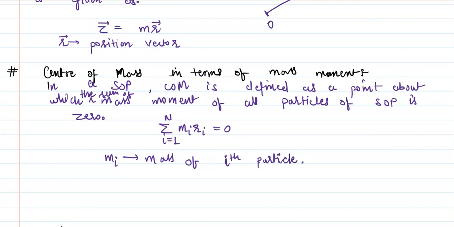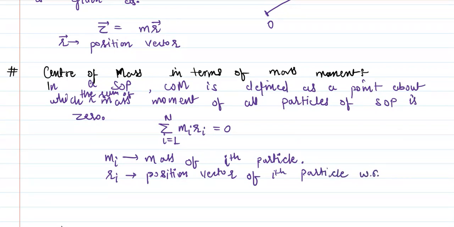Suppose there are n particles, that means we can write n number of particles multiplied by their position vectors, and their sum is going to be 0. And this ri is the position vector of the ith particle with respect to the center of mass.